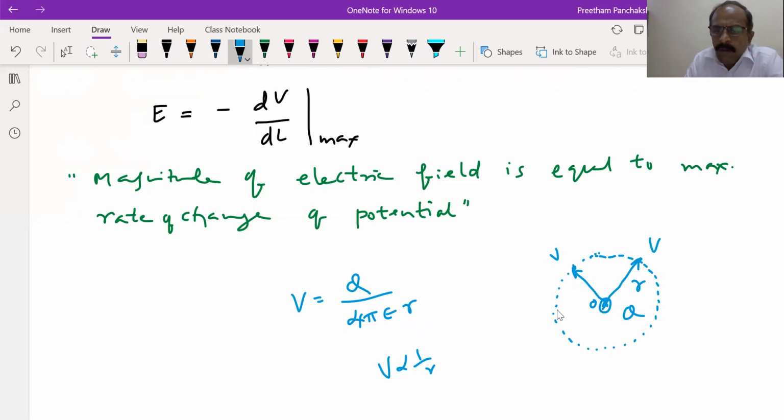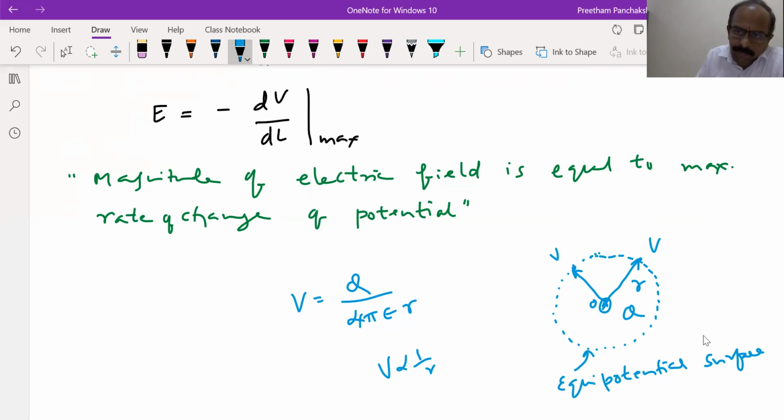That means the potential remains constant on the entire surface of the sphere. So we can declare the spherical surface as equipotential surface. That means all the points on the spherical surface will have the same potential value.